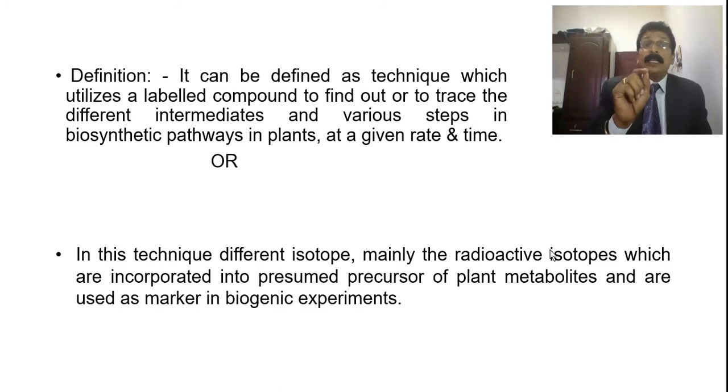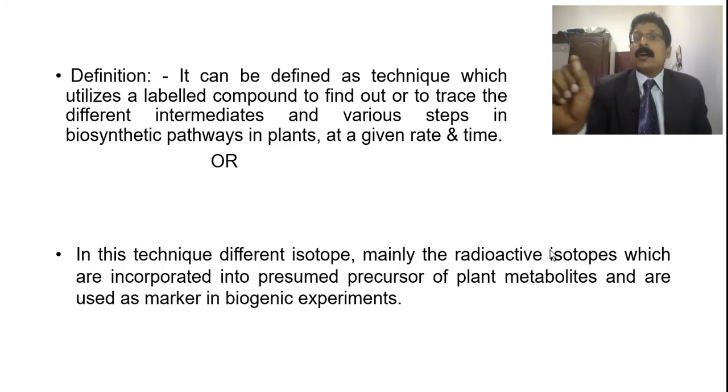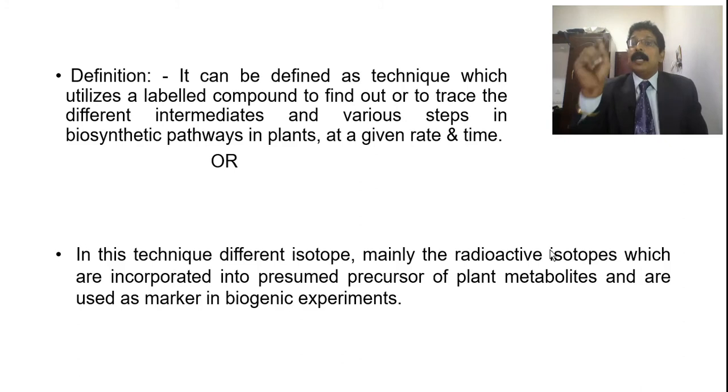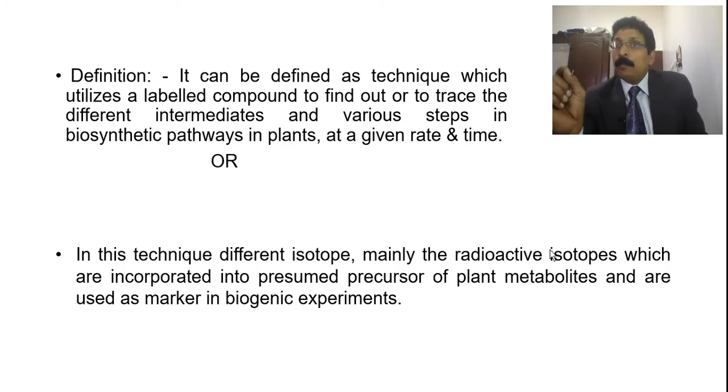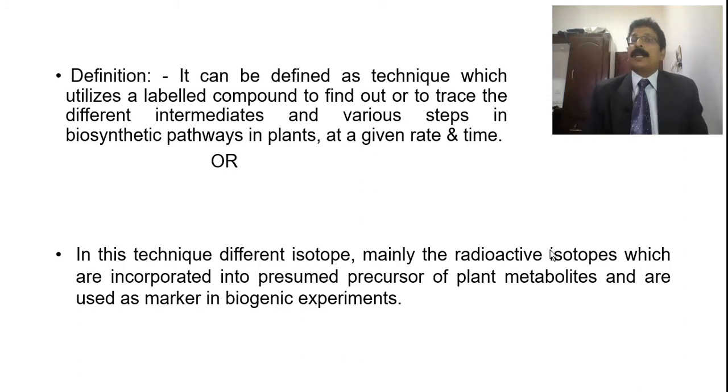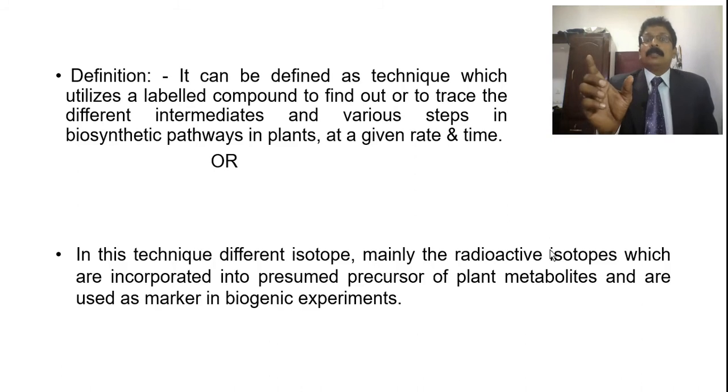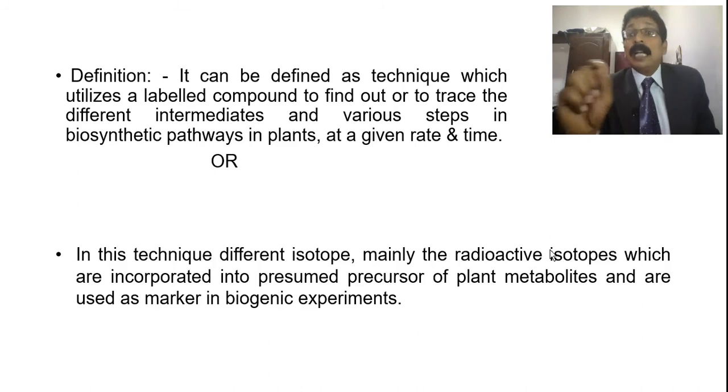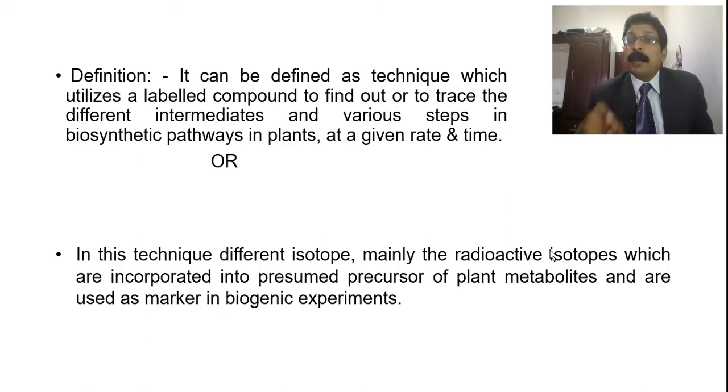This technique utilizes a labeled compound. What is a labeled compound? A precursor or any compound that you incorporate with a radioactive isotope is called a labeled compound, and that will be injected or inserted into the living organism, a living plant.